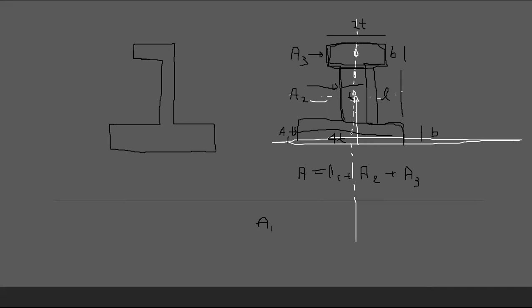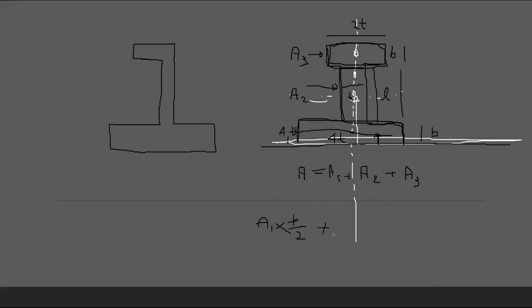Let's say for this rectangle, A1 times its centroid distance is 4T times B, the area times this distance, right? Because we are taking moments about this axis, this distance is B by 2.